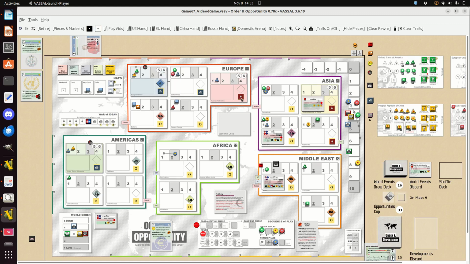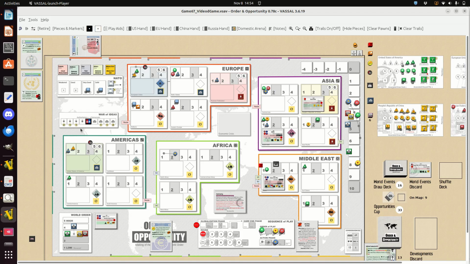Russia, for instance, has a governance type of authoritarian, and then many other spaces on the map have the printed sort of neutral or transitory governance type. And the catch here is that when you change the governance type of a space, then the war of ideas track here will shift either towards the democracies, which is the parliament symbol or icon here, or towards the authoritarian end, which is the lock symbol also featured on these counters.